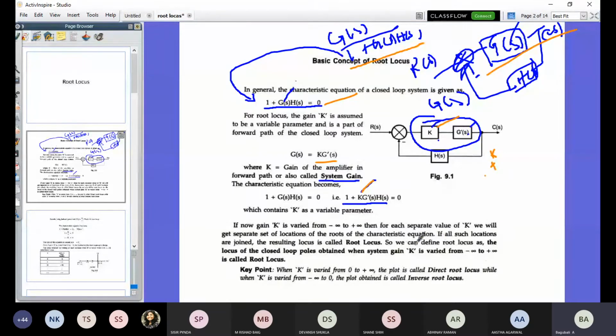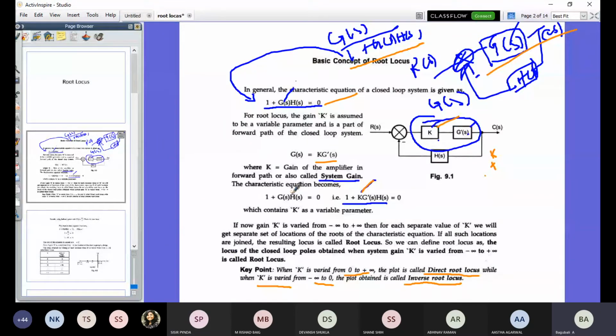Now, how are we going to define the root locus plot? When k is varied from 0 to infinity, the plot is called the direct root locus plot. When k is varied from minus infinity to 0, the plot obtained is called the inverse root locus plot.